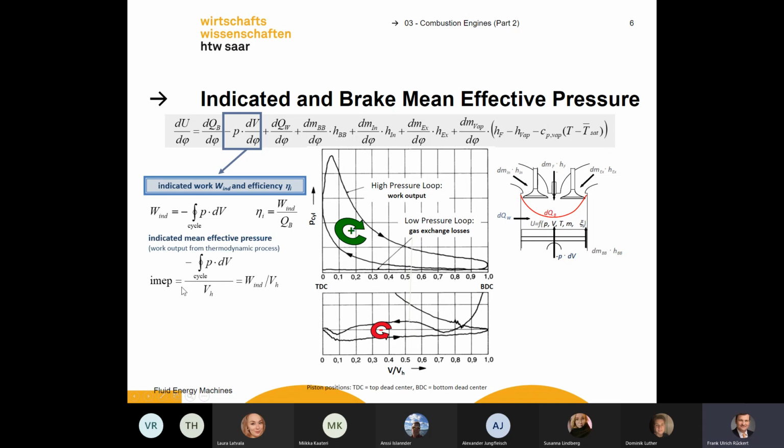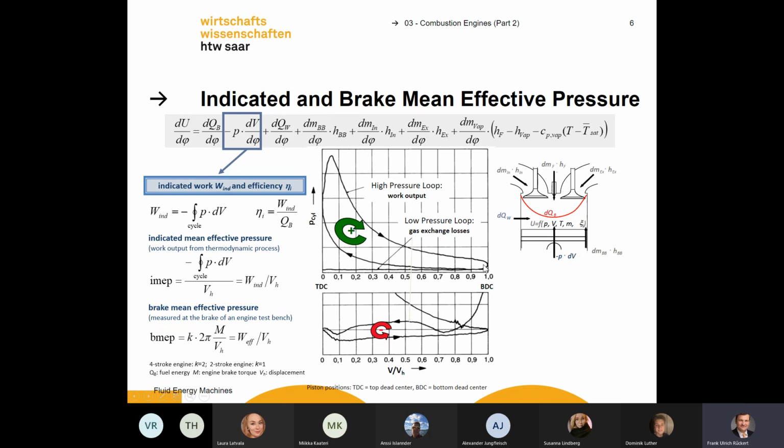Okay, and there's this MEP number. We can calculate the work and divide it by the volume of our cylinder, the displacement, a characteristic value. And we can get a brake mean effective pressure. So what is a mean effective pressure? If you look at this diagram, it looks a bit complicated.